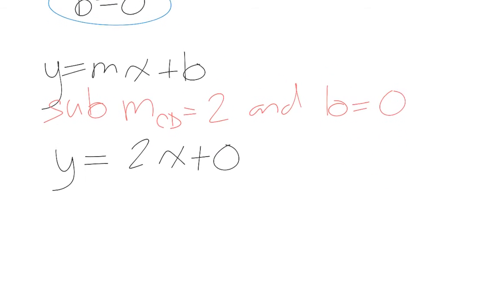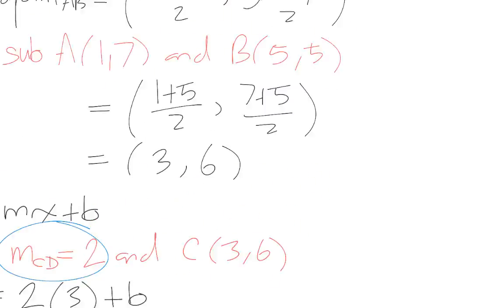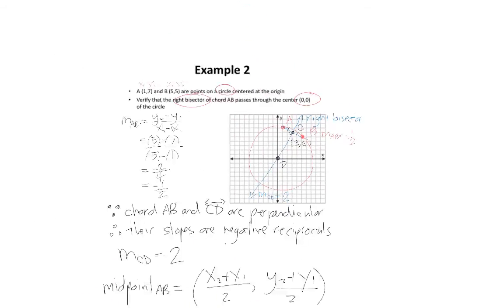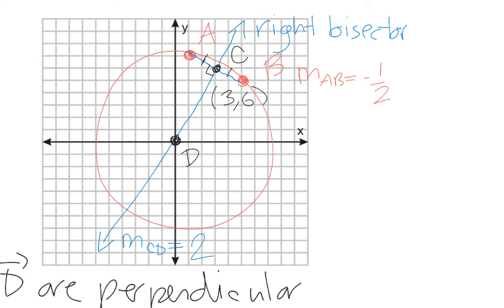And you should know that you don't want to write that 0 in, so it's just y equals 2x. That is the equation of the right bisector. Let's update our diagram over here. So the equation of the right bisector, we just determined that to be y equals 2x.